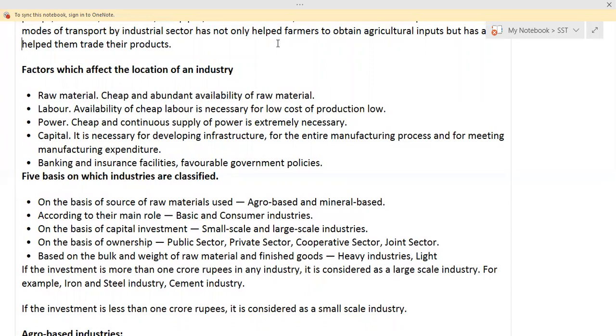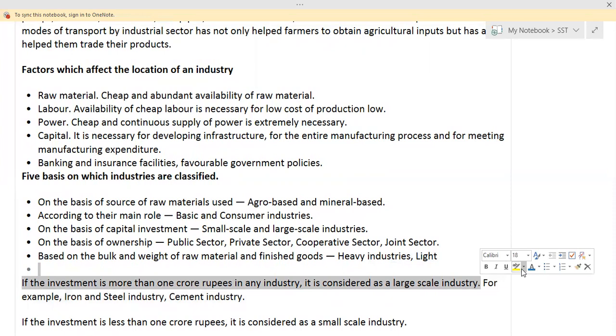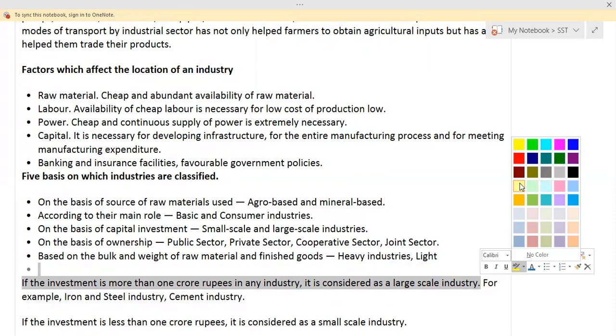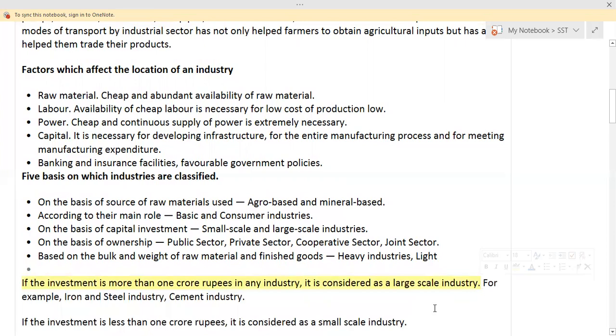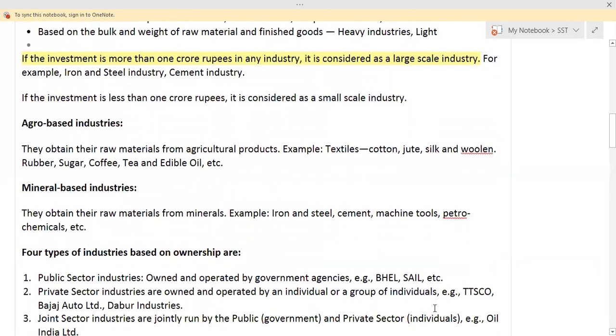For example, iron and steel industry, cement industry.